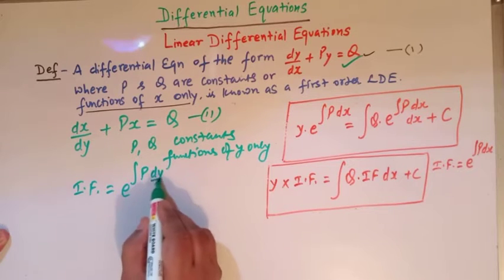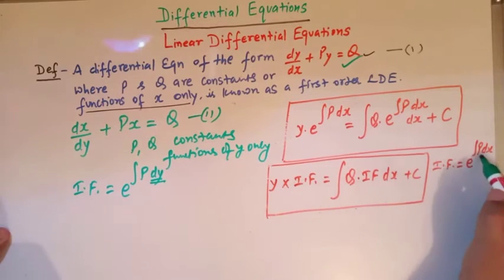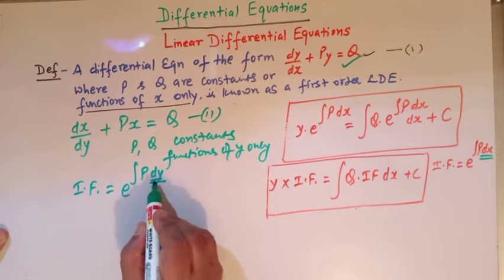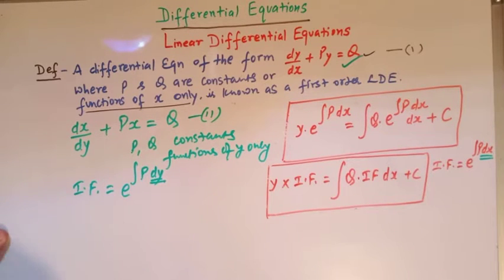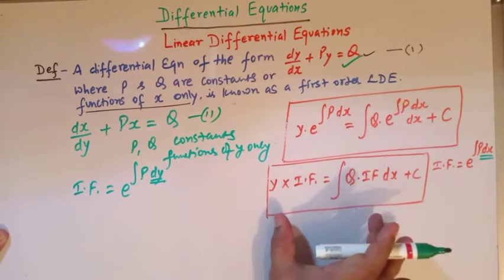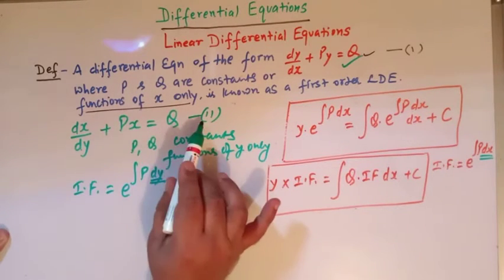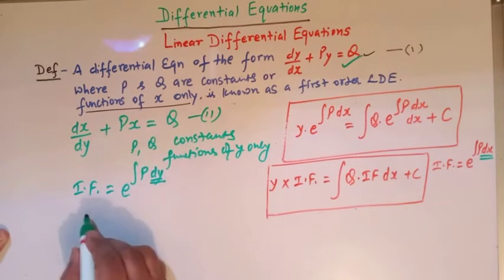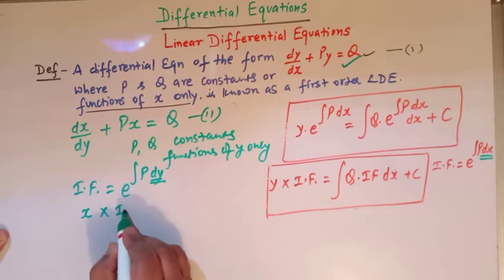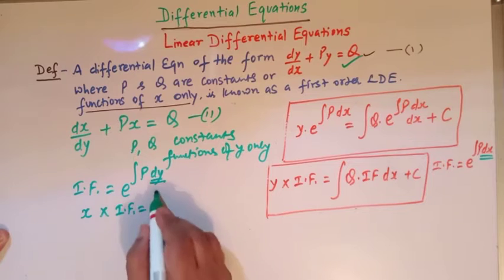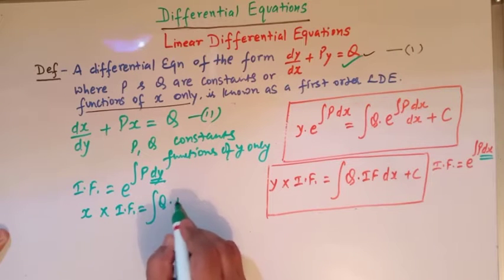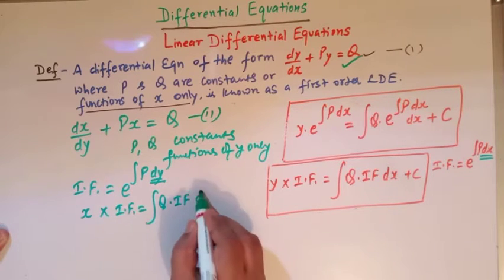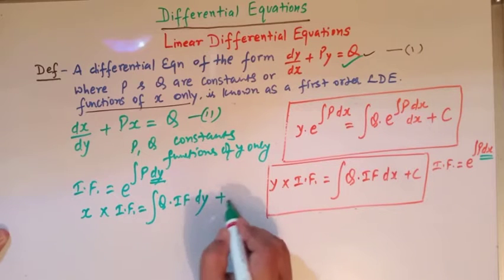Here the variable is y, and here we have dx, so we will have dy. Clear? And the solution of this equation 2 is given by x times the integrating factor equal to the integral of q times the integrating factor dy plus c.